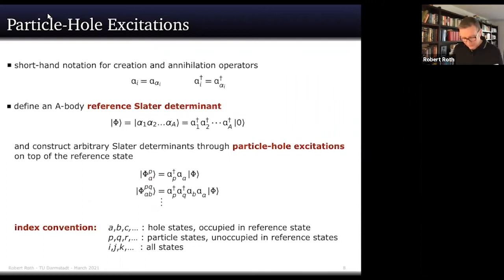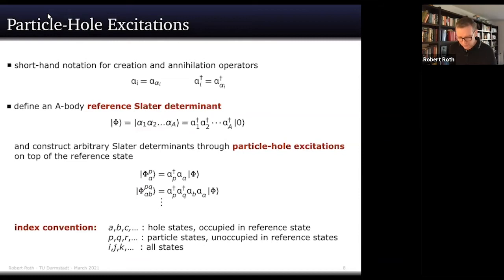And I have a second convention, a famous index convention, because now you have a subset of states which is special because it already appears in your reference state. So these first A states, alpha 1 to alpha A, are somehow different because they are already present in the reference state and they get a specific index.